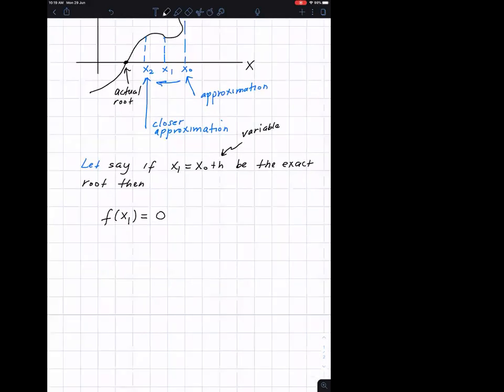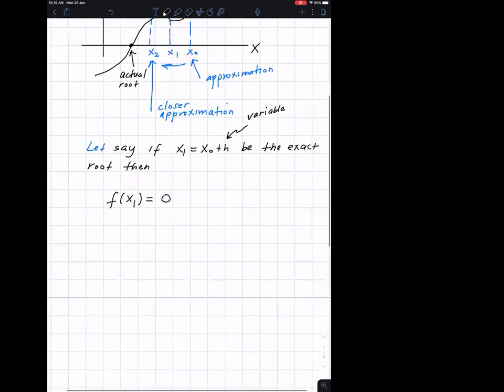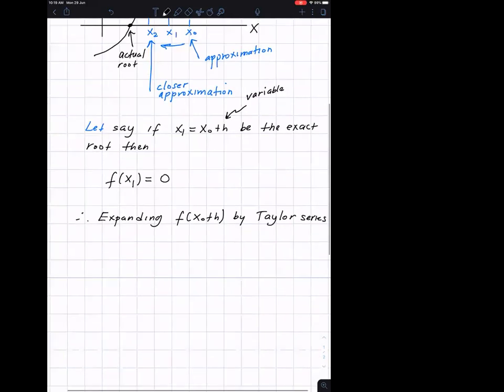Okay, so therefore expanding f(x0 plus h) by Taylor series. So this is the Taylor series from the last time, remember?